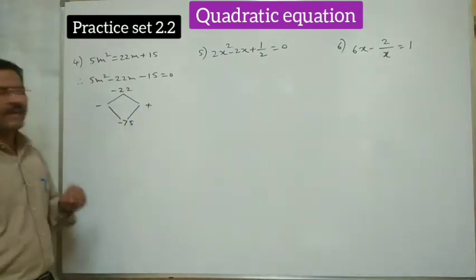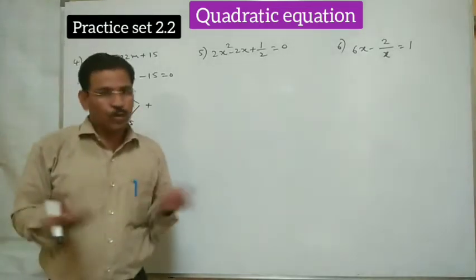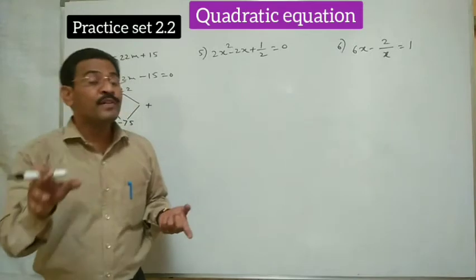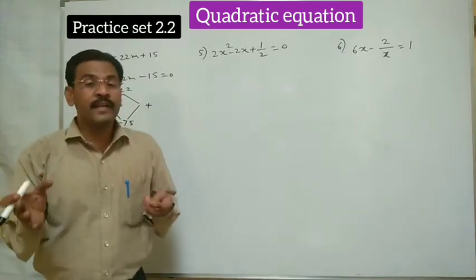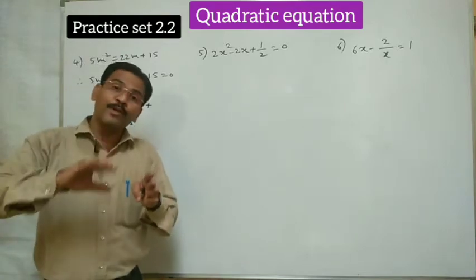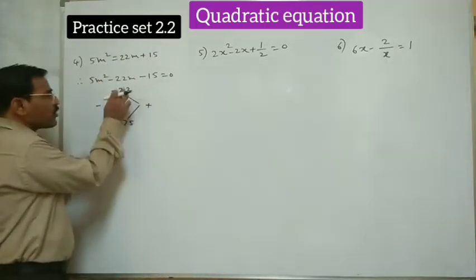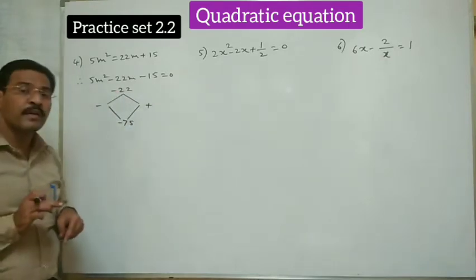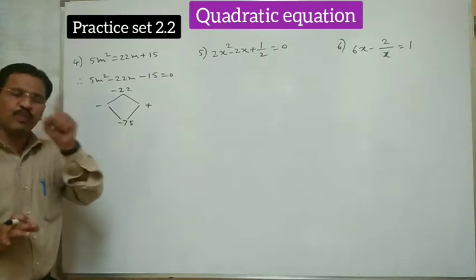Now look here, 75. Two numbers: 1 into 75, 2 is not okay. 3 into 25, 4 is also not okay. 5 into 15. Okay. 25 into 3, like this. Then the difference should come to 22, means what? 25 and 3.